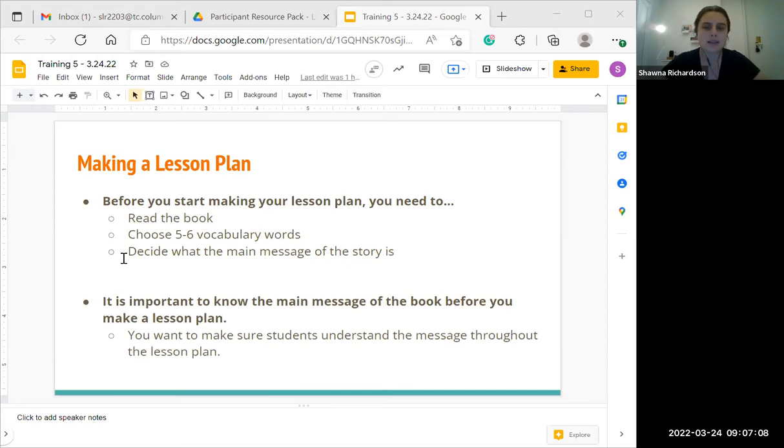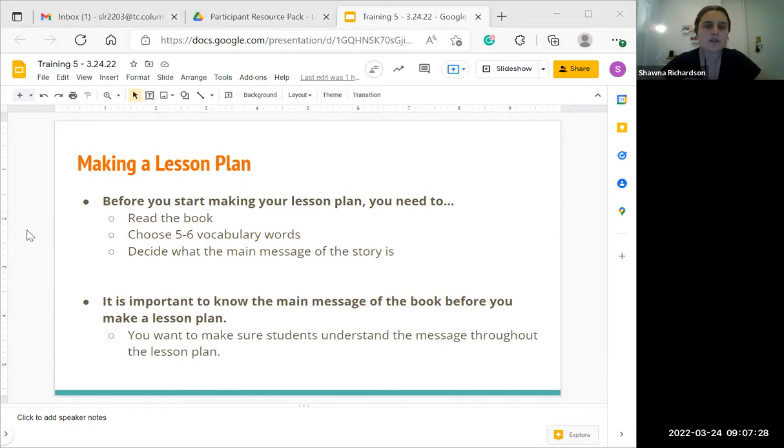We talked about this 2 weeks ago, that the main message is really those key values and skills that we want to teach our students so that they can have better skills in their own life.